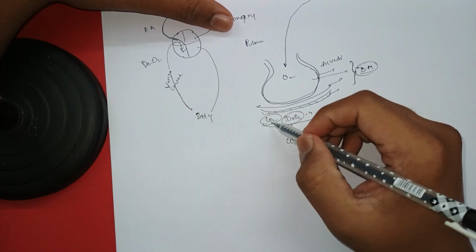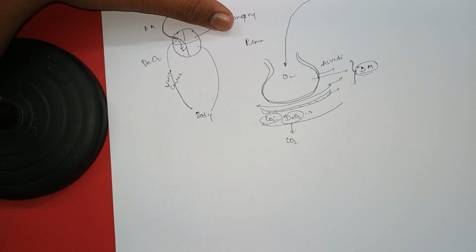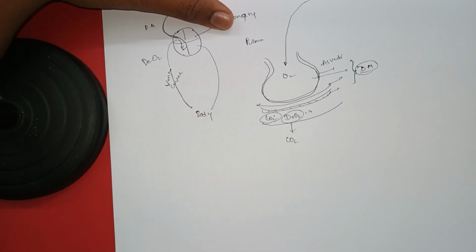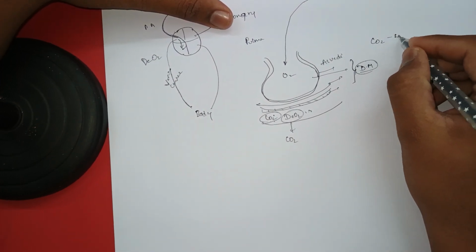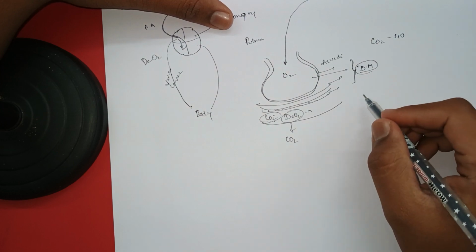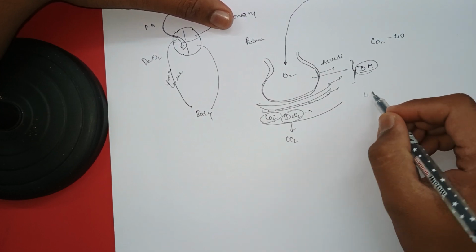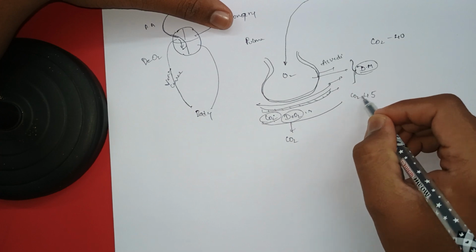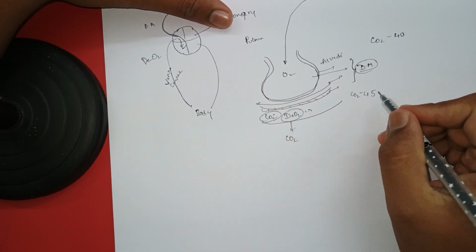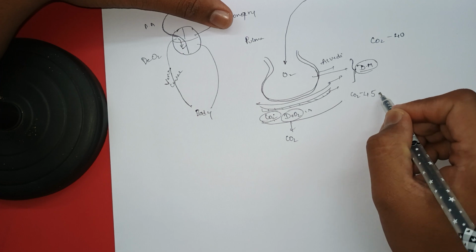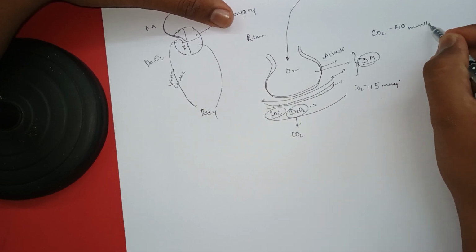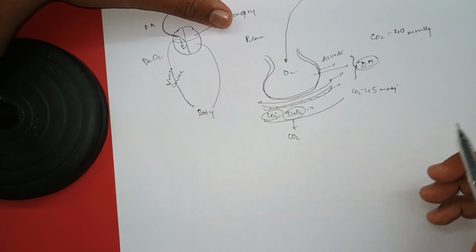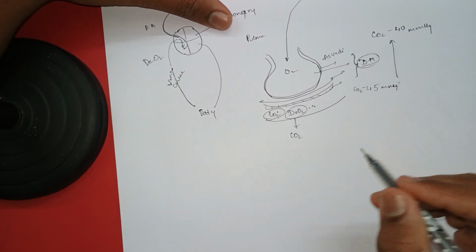Now what happens is, in the alveoli, the partial pressure of carbon dioxide is 40, and in the deoxygenated blood it is 45 mmHg. As I said, gases move from high pressure to low pressure.